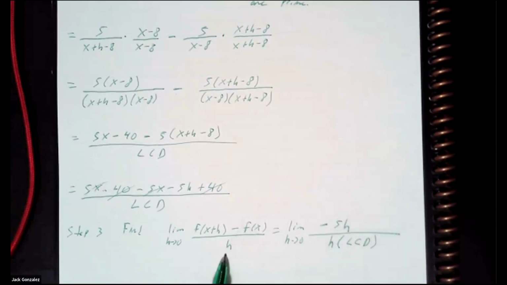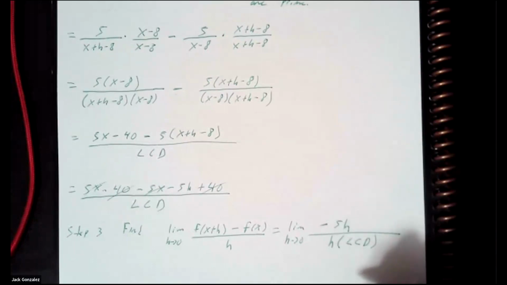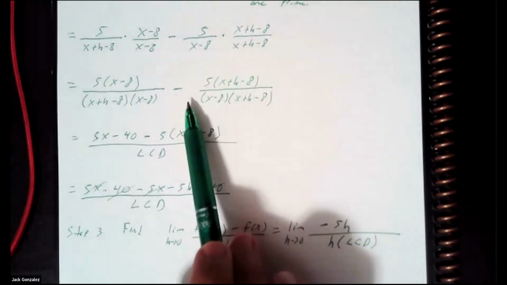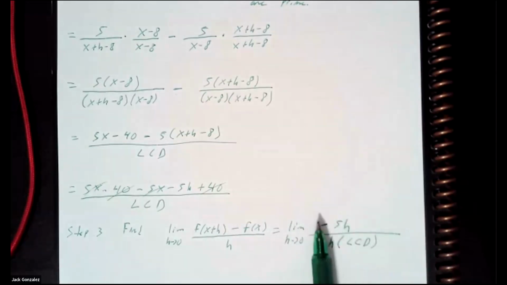If you divide by h, it would end up at the bottom. Is that cool with everyone? Yeah, like if I divide this guy by h, it would be right at the bottom. It's the same as doing 1 over h times this.